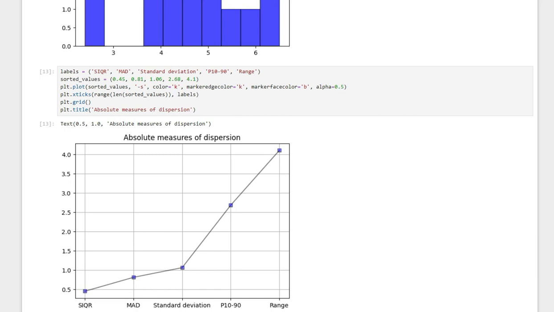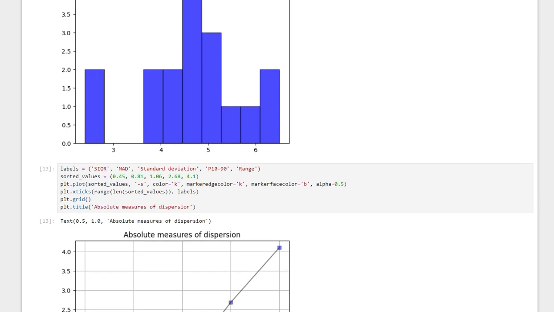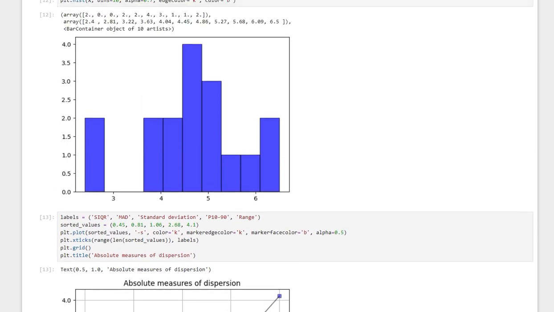A large range value indicates more variability in the full data set compared to the narrow central ranges. So we could see that if we look at the center of the data, we see more concentration, but when we look at the entire data set, the data has more variability overall.